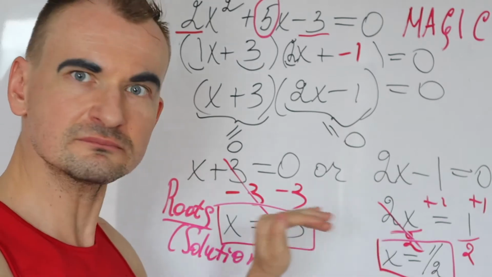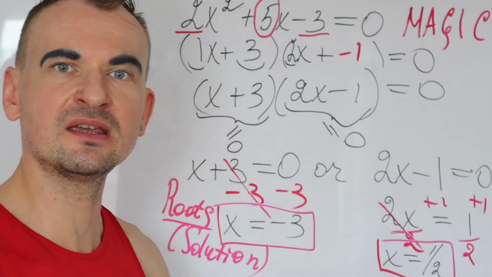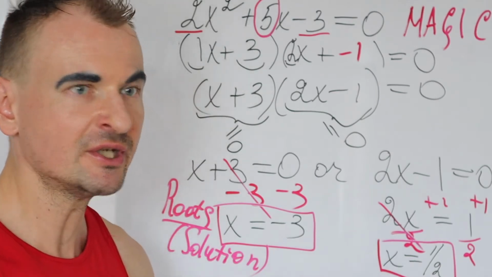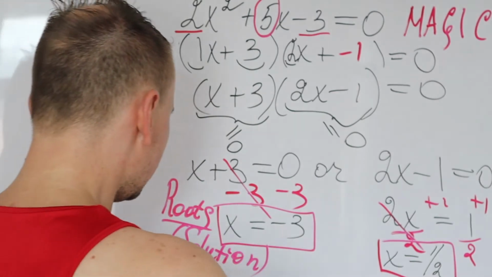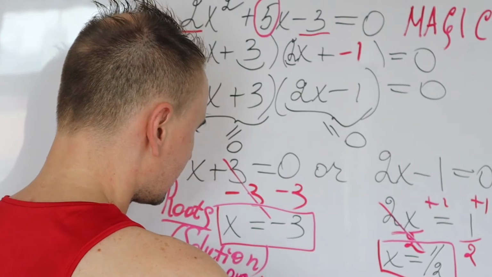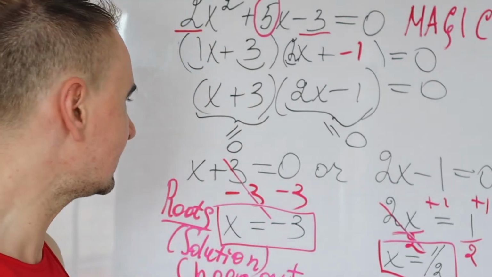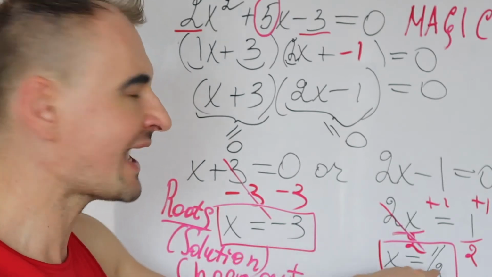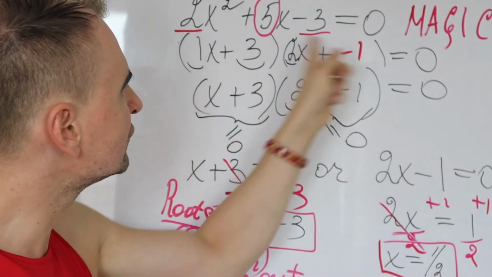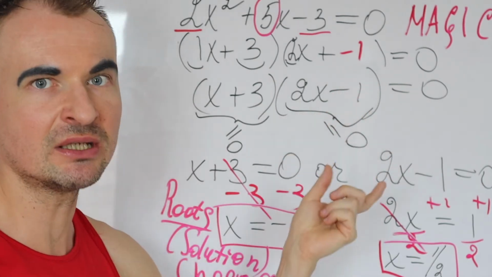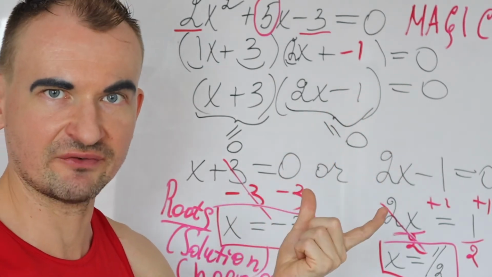Now, my bonus tip here is to check and verify your solutions. You can do it mentally just by plugging in your -3 and 1/2 into your original equation, and make sure it does work, it verifies.